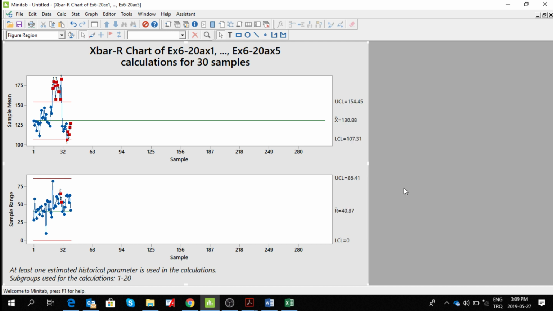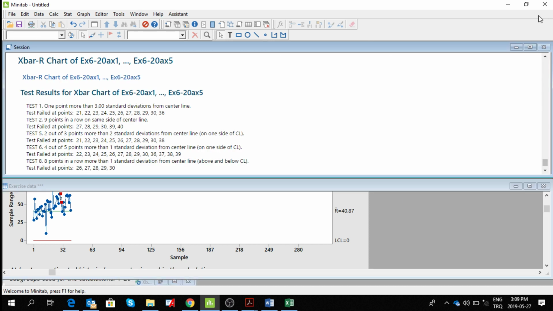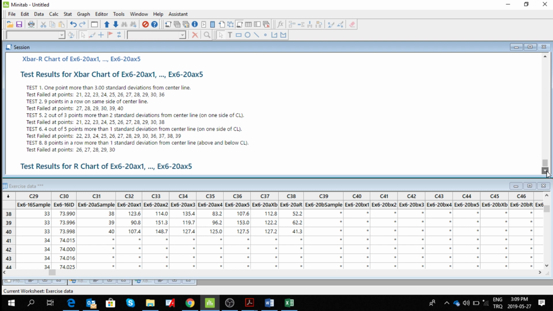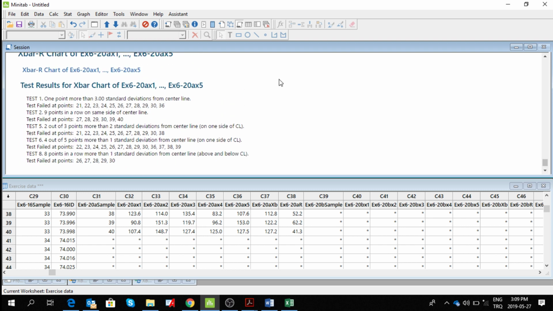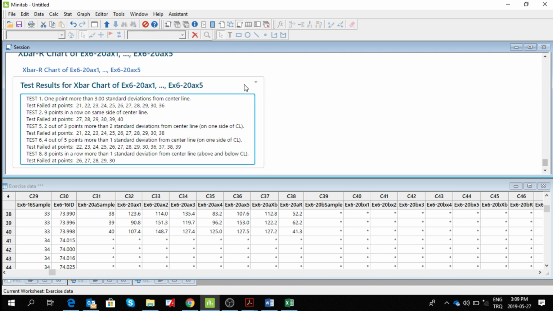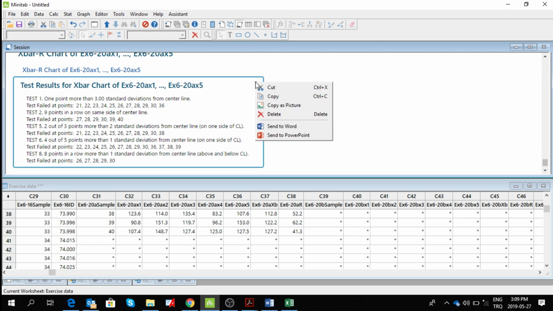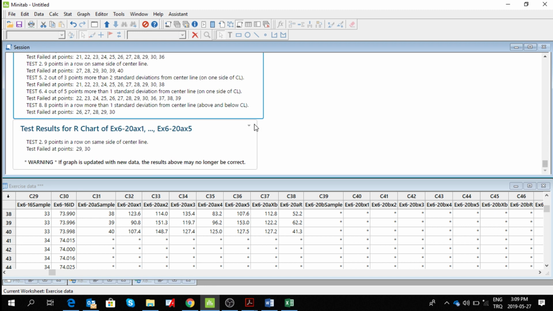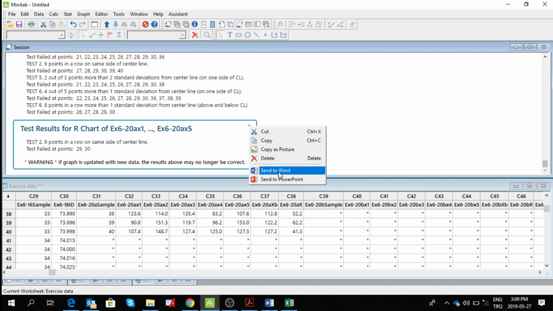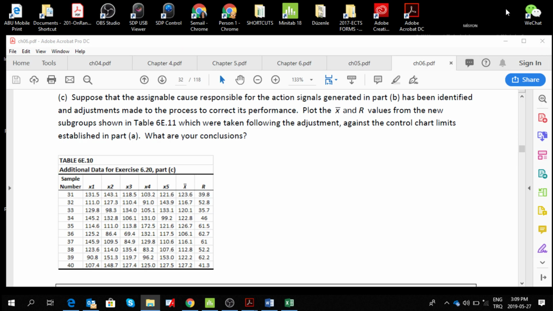Microsoft Word. We can also look here. This is the R chart and X bar chart. We can send those results as well, to Word.